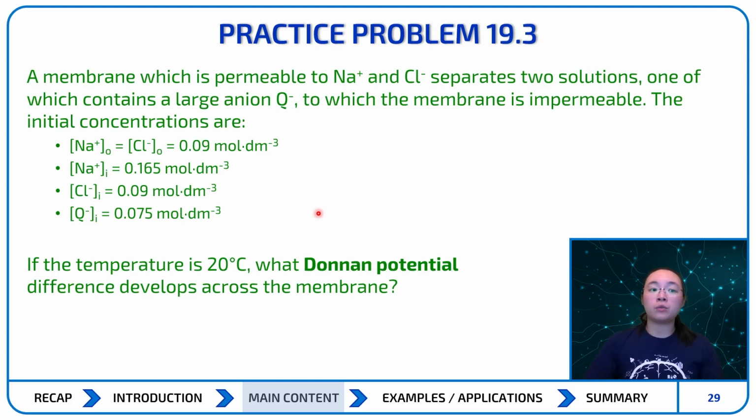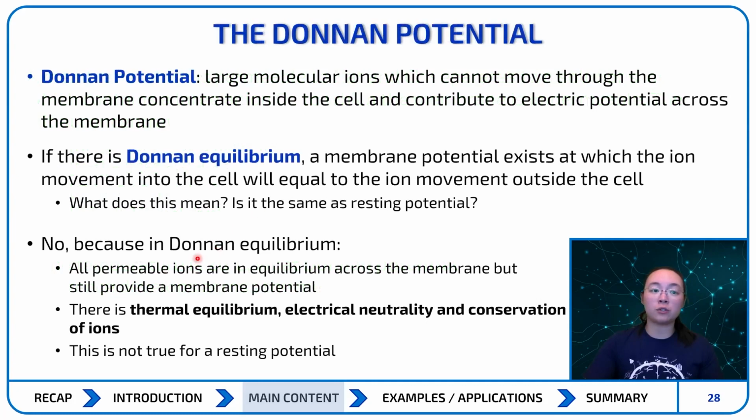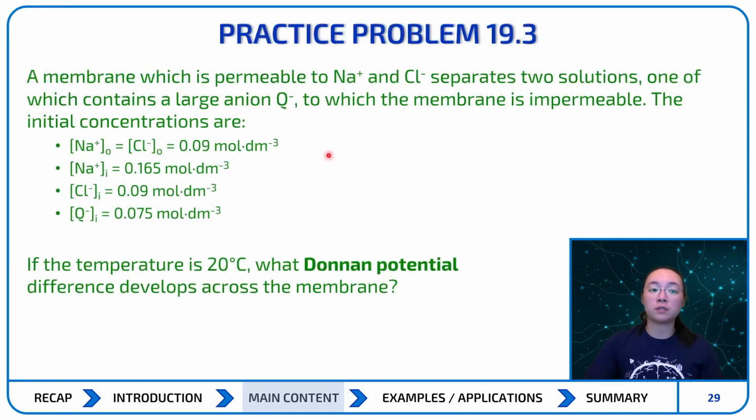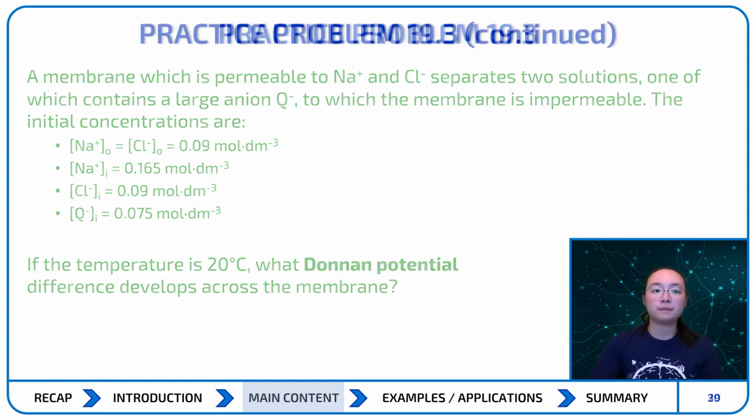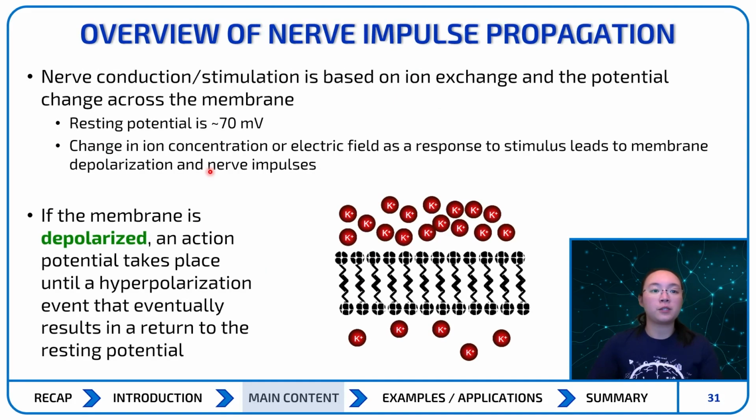What you'll have to do is first take a look at the conditions for the Donnan potential, basically thermal equilibrium, electrical neutrality, and conservation of ions. You'll have to make some assumptions about the concentration of ions over here, and then you'll be able to plug them into the Nernst equation to calculate the Donnan potential. So take a stab at that, and we will go through the solutions in one of the live lectures.